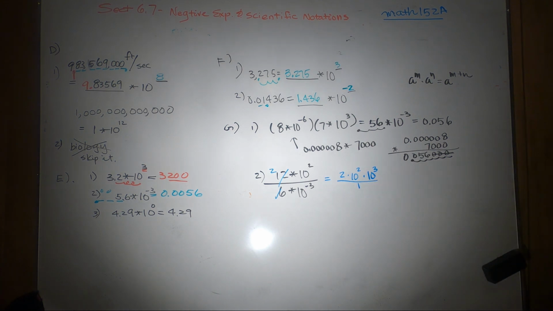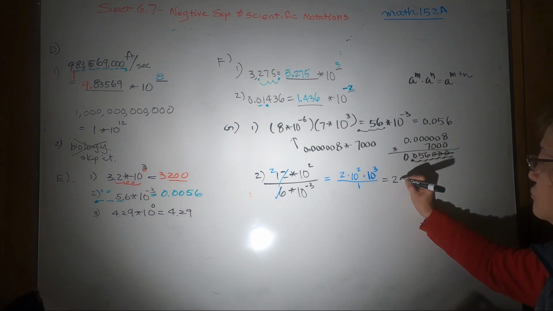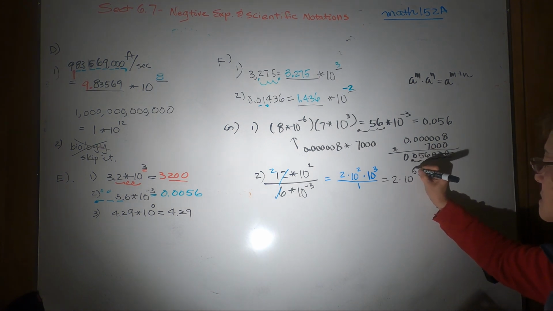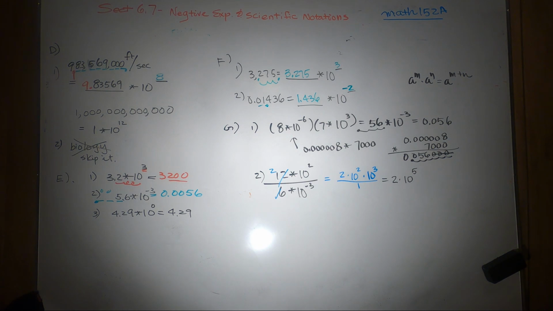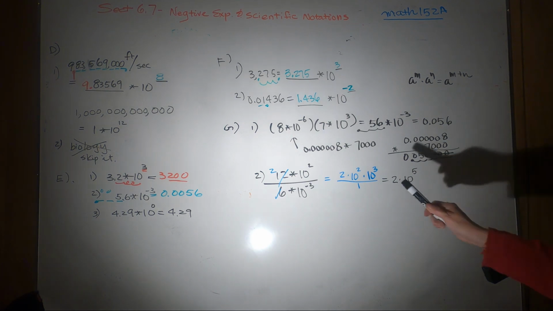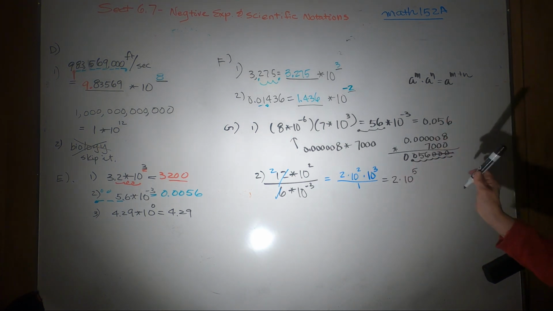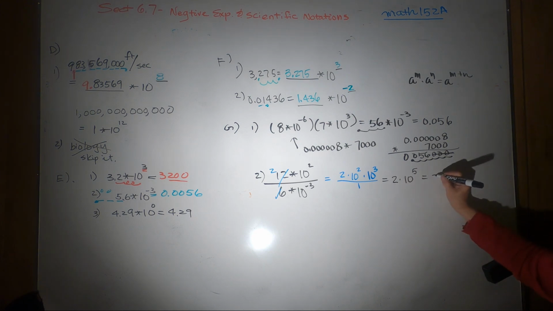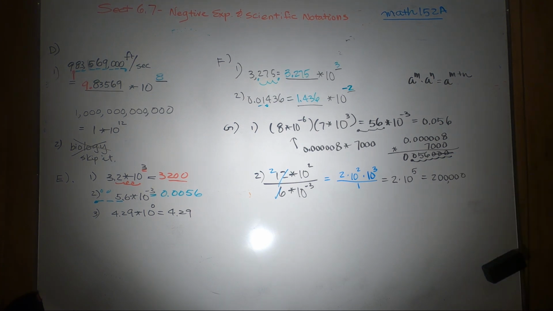Nothing here anymore. Then what do we have? So we will have 2 times 10 to the how many powers? 5. You add your powers, right? So the final answer would be what? 5 zeros. 1, 2, 3, 4, 5. Like this.